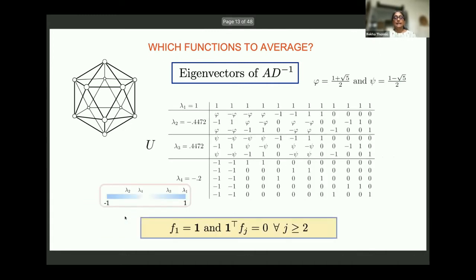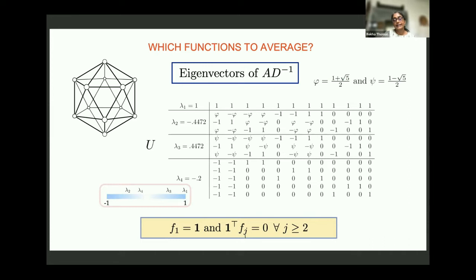Let me say one more thing about these functions. The first eigenvector, the top one, is the vector of all 1s. And notice that if we take any other row of this matrix, let's call it Fj, an eigenvector from this collection, then because of orthogonality, 1 transpose Fj is 0. 1 was the top eigenvector, so all other eigenvectors are orthogonal to it.